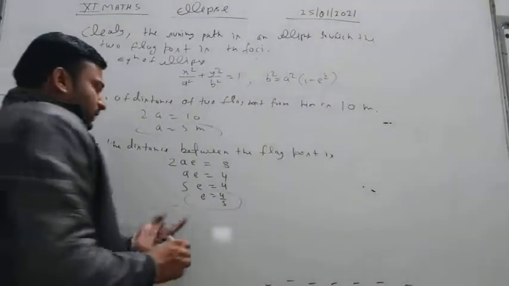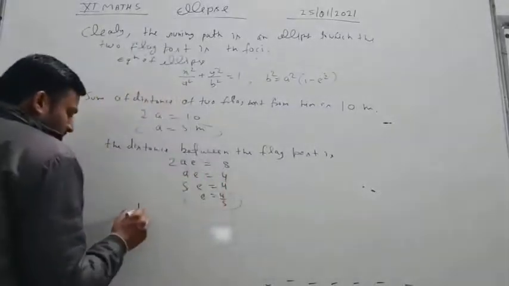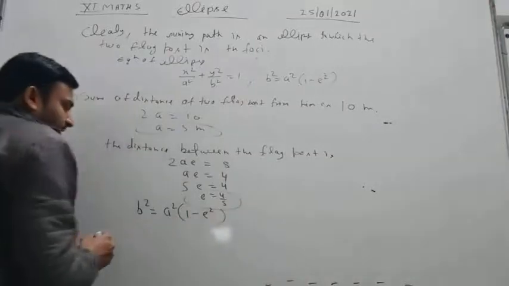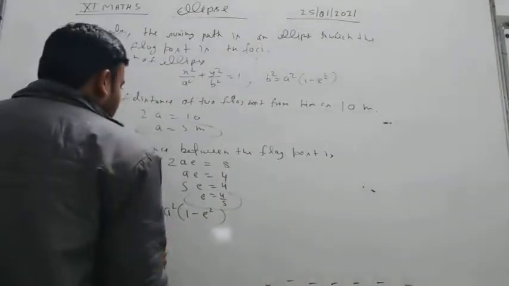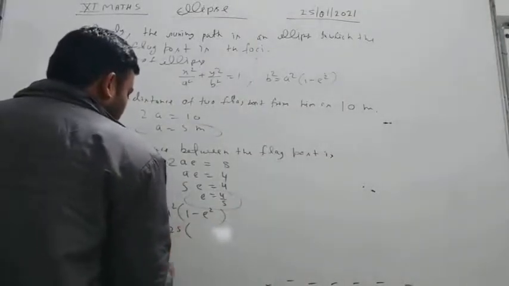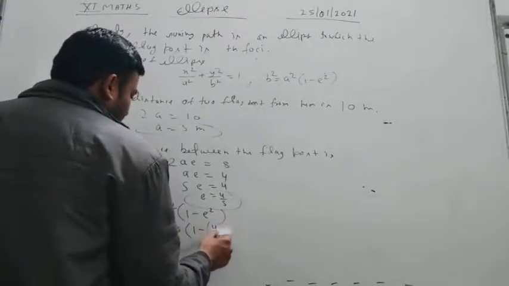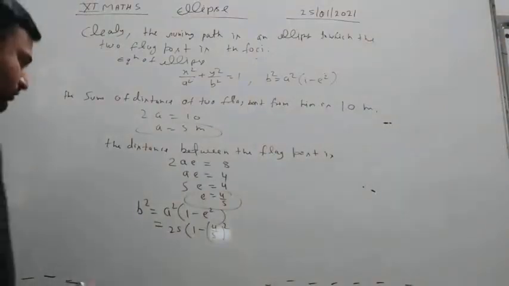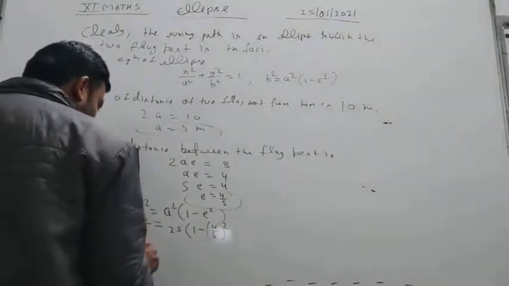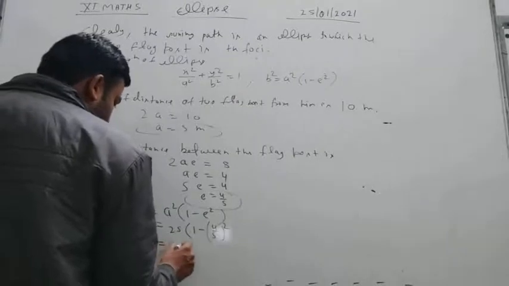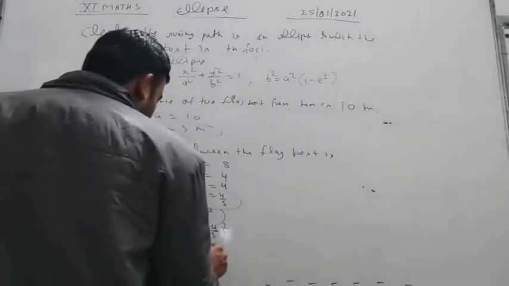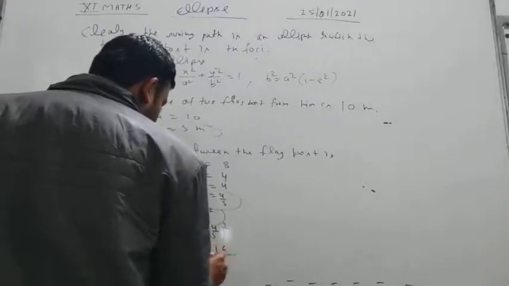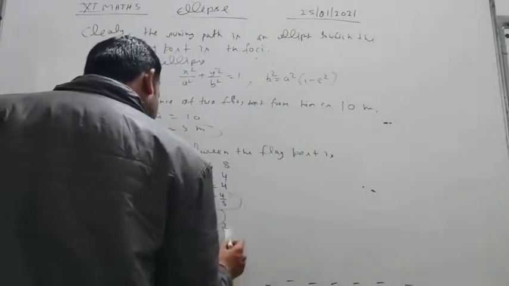Now from the given information student, we will find b square is equal to a square times 1 minus e square. So b square is 25 times 1 minus 4 by 5 whole square, which is 25 times 25 minus 16 by 25.